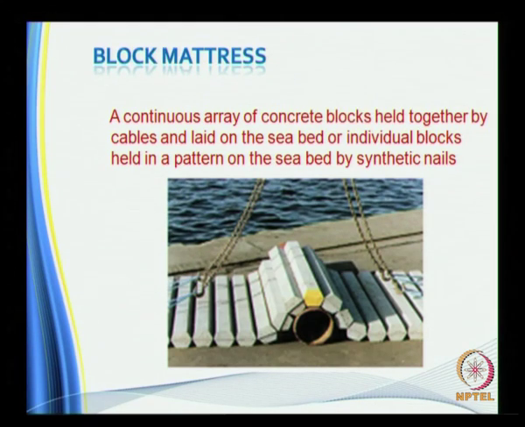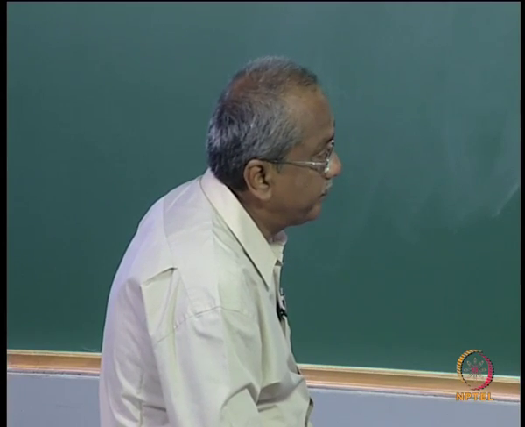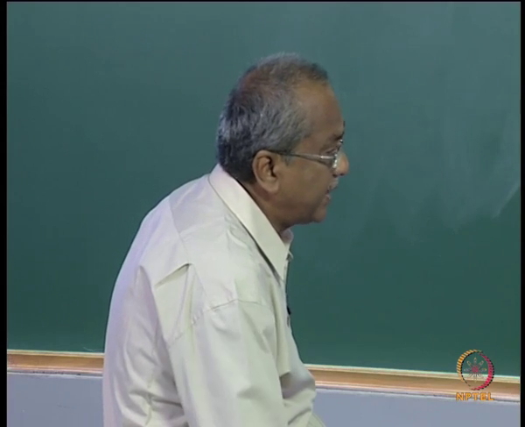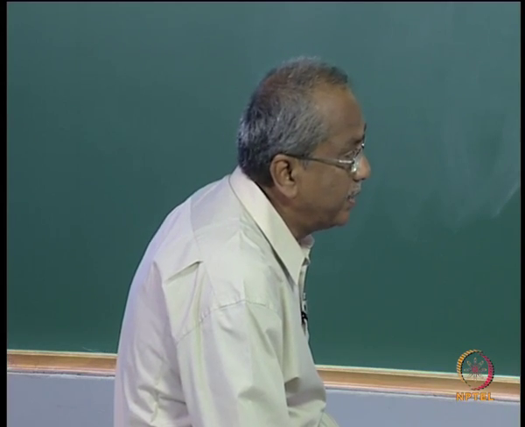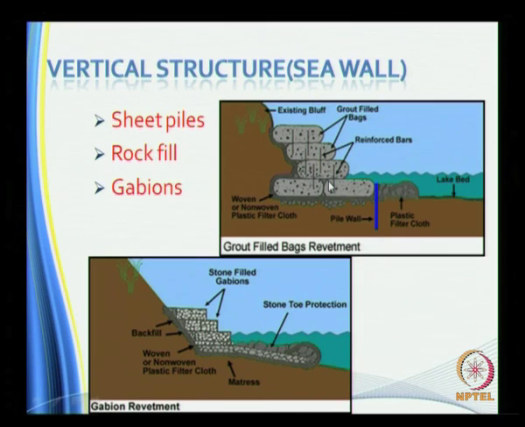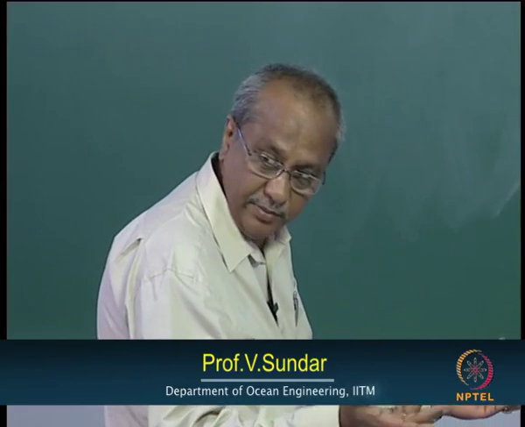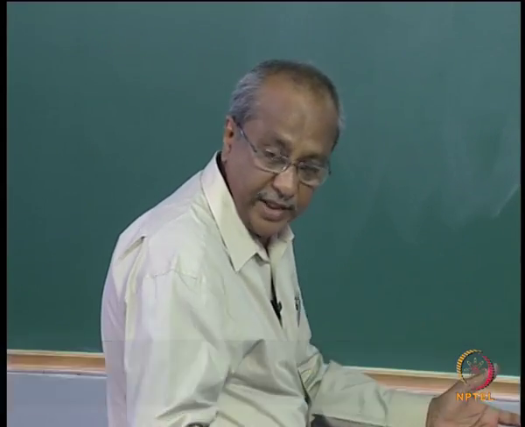See, for example, you look at this, this is to take care of end scour. So this is for vertical walled structures, sea walls, as I have told you, these are protected by using gabions. See, scour and erosion, they go together, in fact there is a slight difference, but the effect is almost the same, the effect is loss of material.